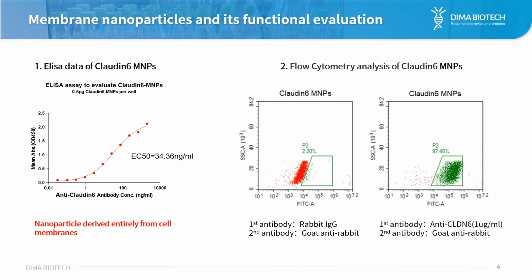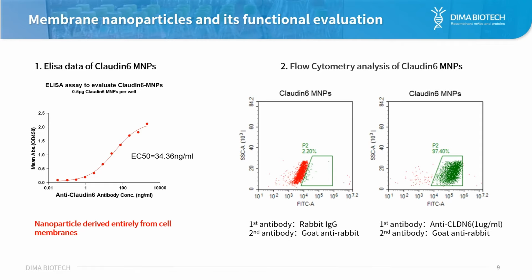Here is an example of our MNP protein. We express human claudin 6 on the cell membrane and make MNP proteins for this target. The left side shows this MNP protein can be coated on the ELISA plate for the ELISA assay. On the right side is the flow data using claudin 6 MNP protein.